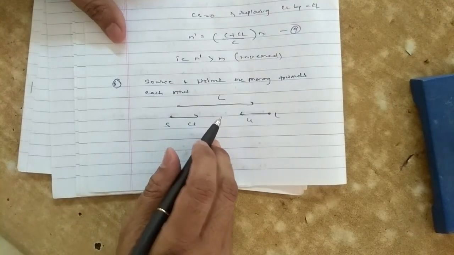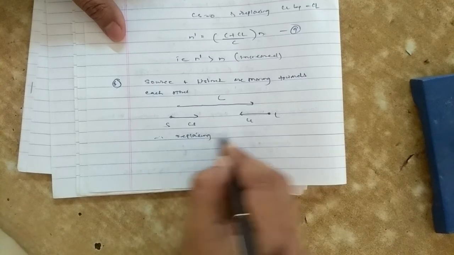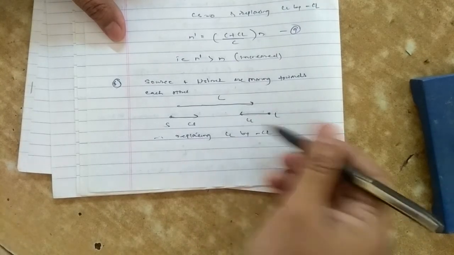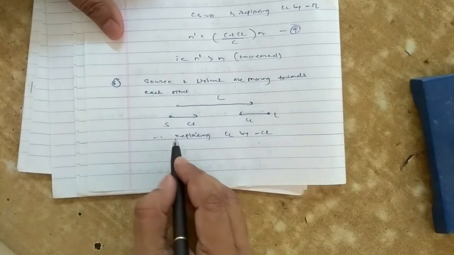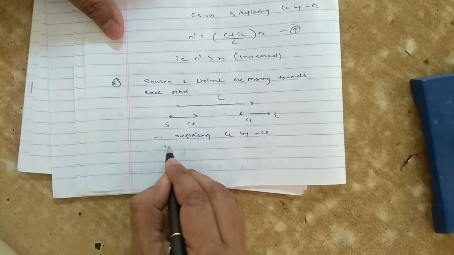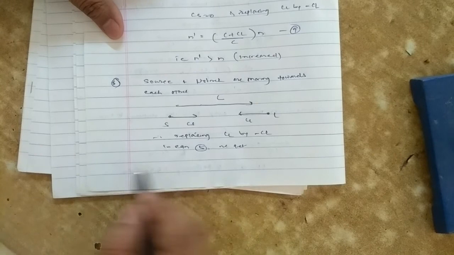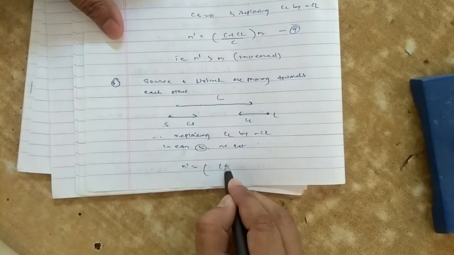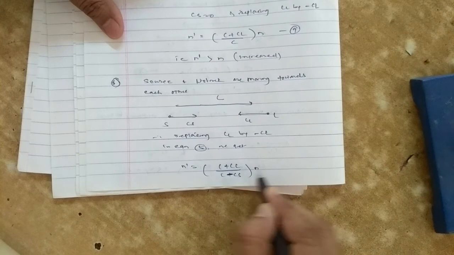Therefore, replacing Cl by minus Cl because they come from opposite directions, in equation 5 we get n prime is equal to (C plus Cl) upon (C minus Cs) into n.